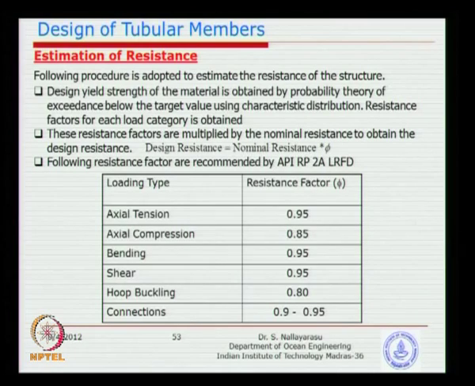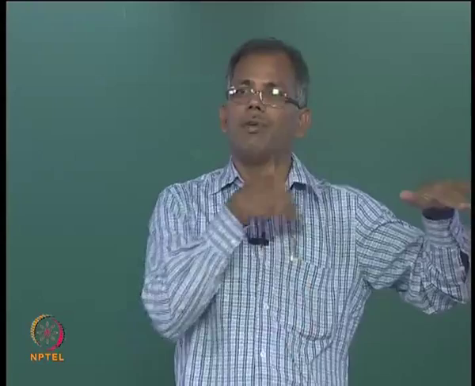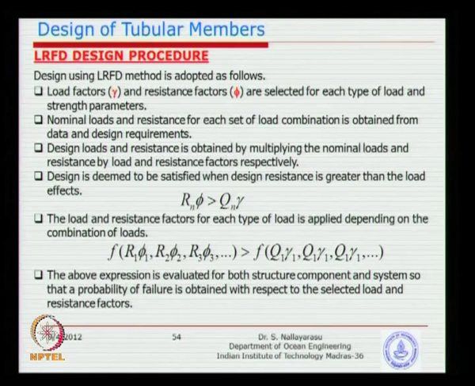So, you do not see a factor of safety here, but what we have is the loads are slightly increased by load factors and the resistance is reduced by resistance factors, and then finally we look at the demand versus capacity. Basically, the demand is the load effects and resistance is the strength factors.